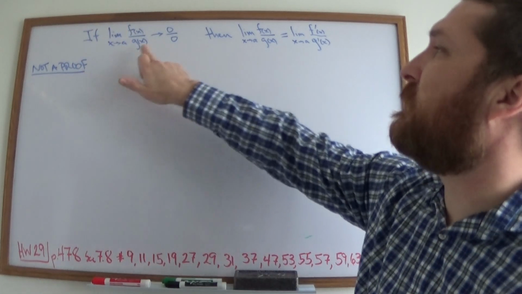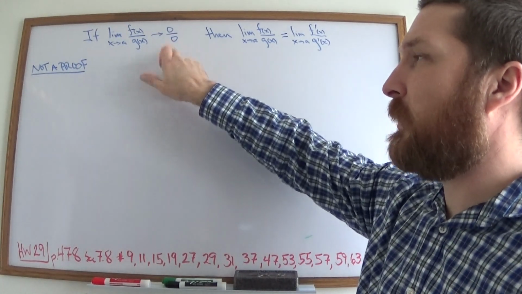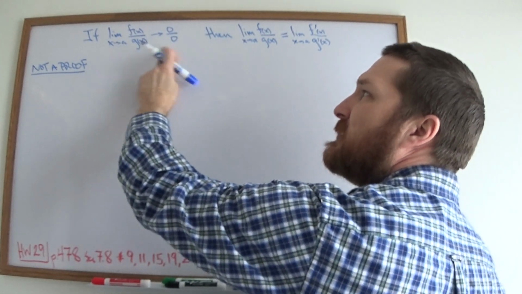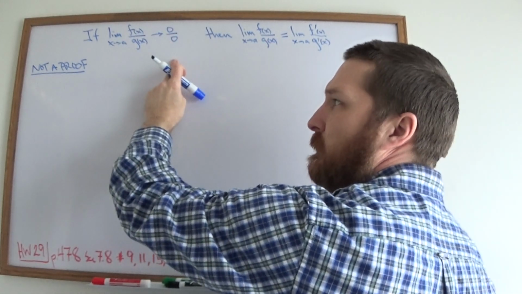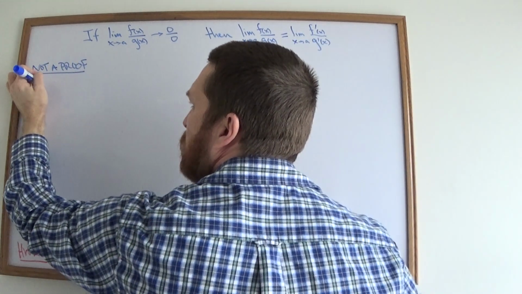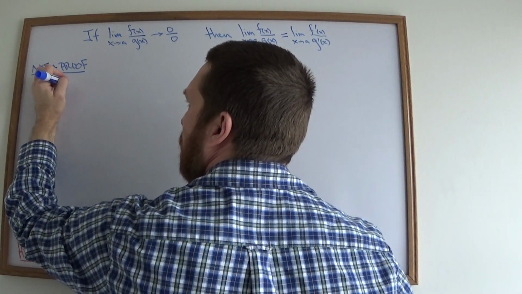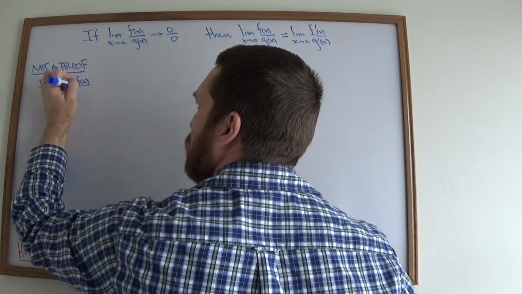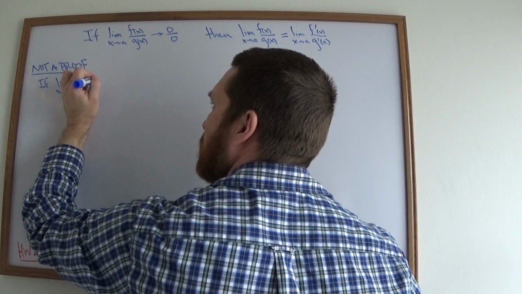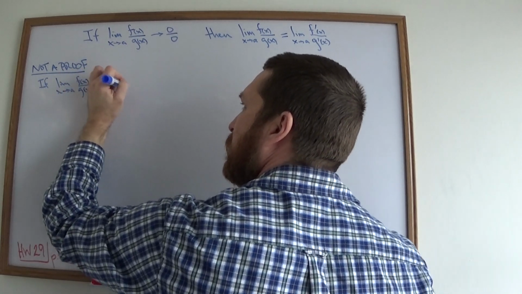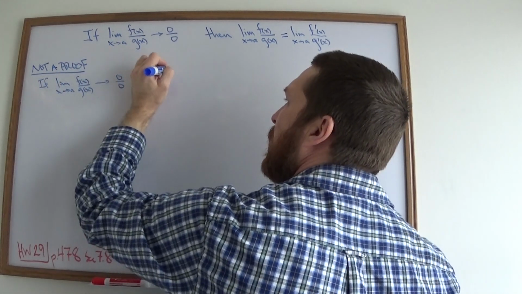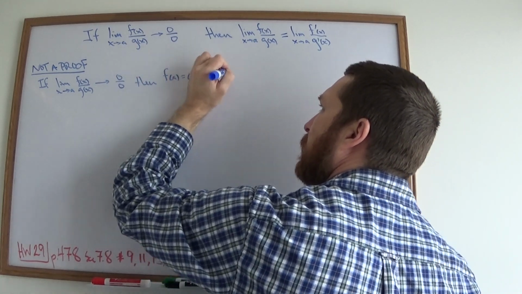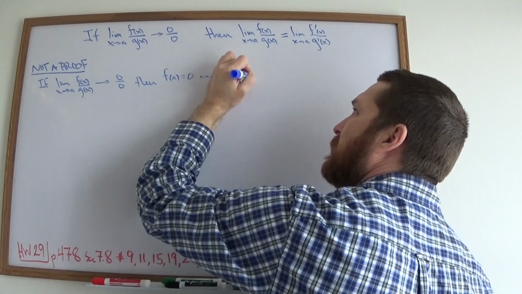So assume that this is true. If the limit goes to 0 over 0, right? So if the limit as x goes to a of f of x over g of x approaches 0 over 0, then we could say that f of a is 0 and g of a is 0.